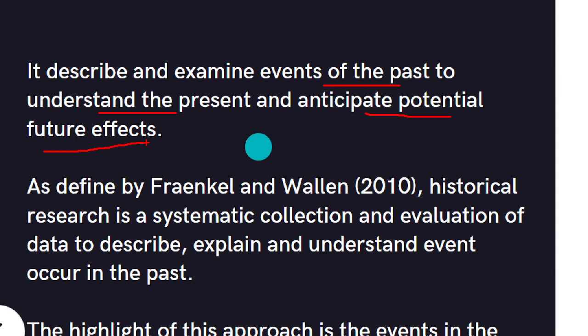There were already a lot of pandemic na nangyari way back nung tayo ay pinanganak pa. So, si historical research, one purpose niya is to identify ano ba yung nangyari before at bakit nangyari ito ngayon at ano ba yung pwedeng mangyari sa mga susunod nating buhay sa future.